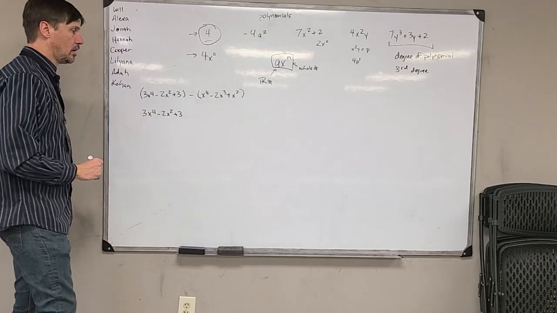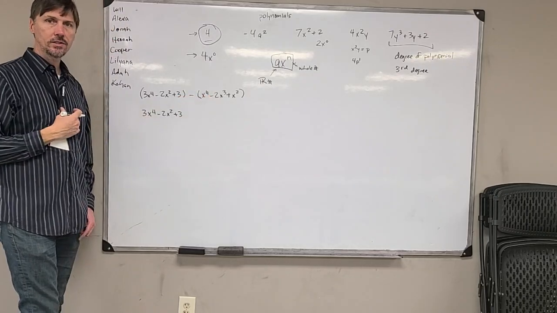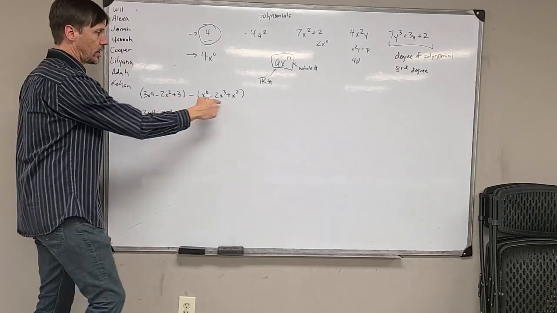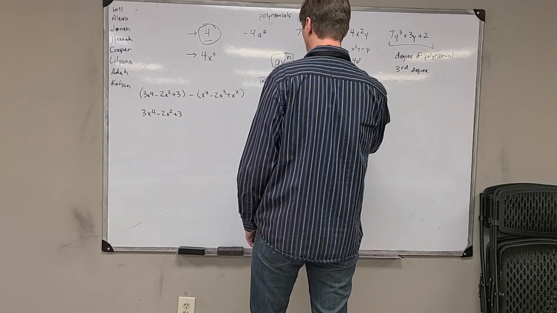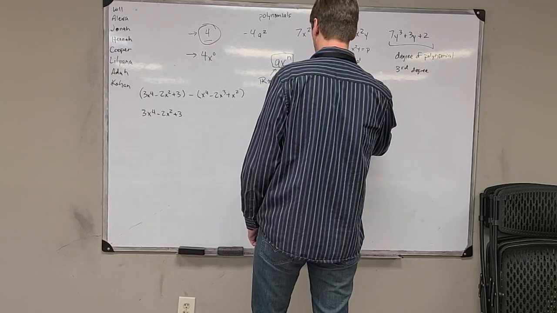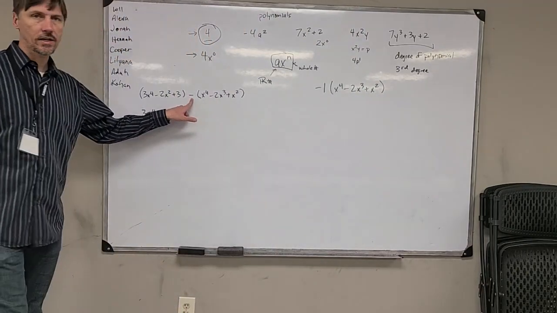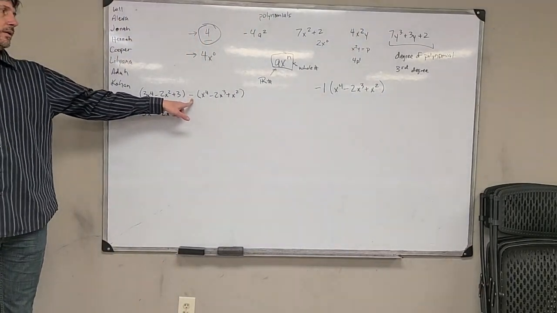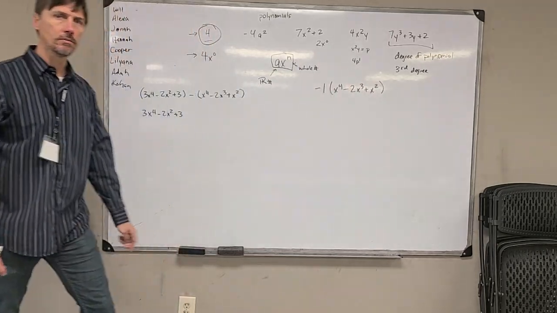But for this one, if I want to get rid of the parentheses, I need to understand that this right here is like I have -1 times all of the terms that are in here. Because there's a negative sign in front of this, it's like I've got a -1 that I'm distributing through to all of these terms.